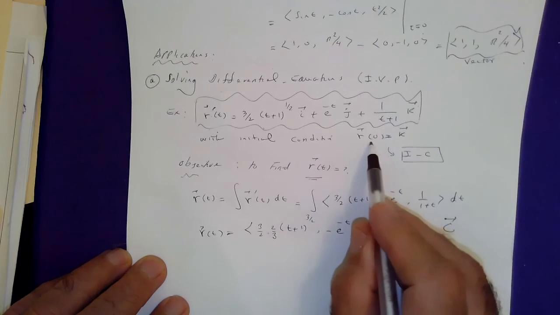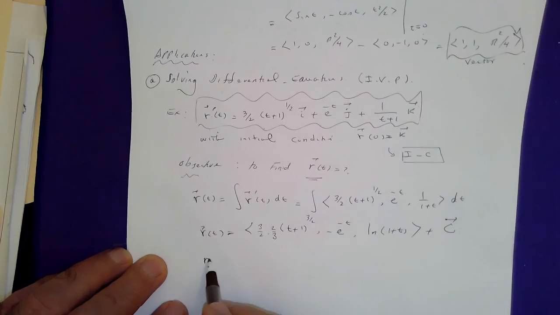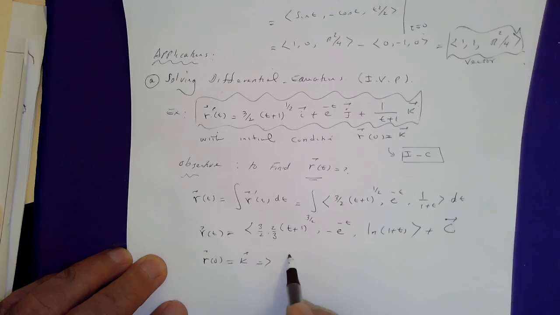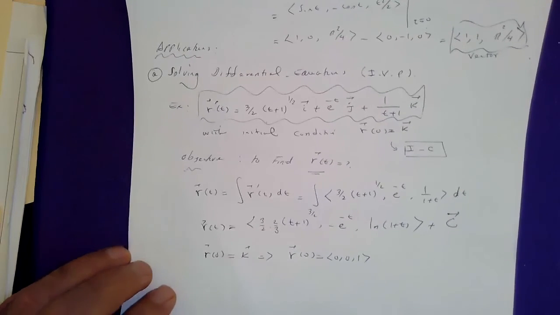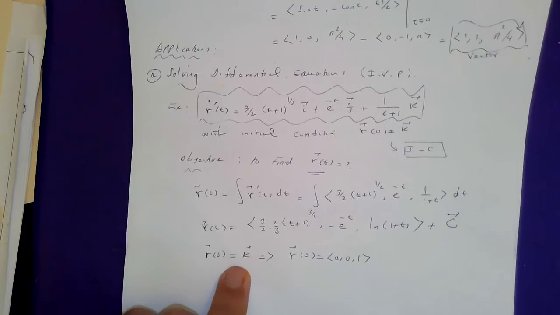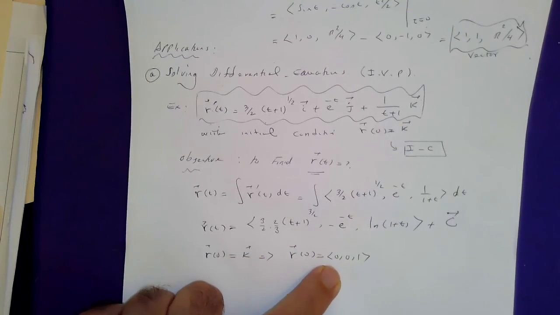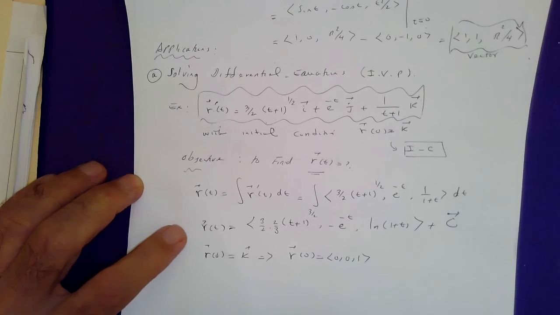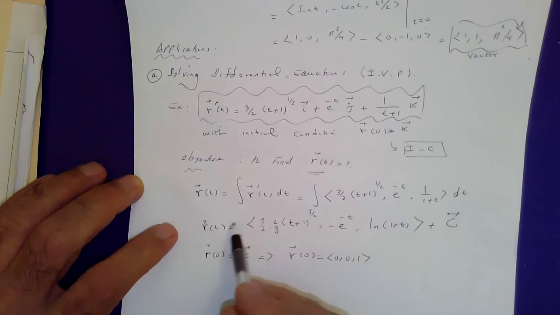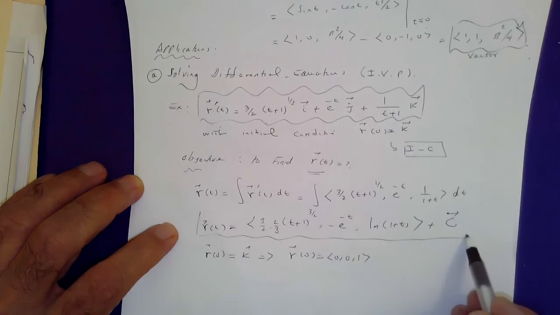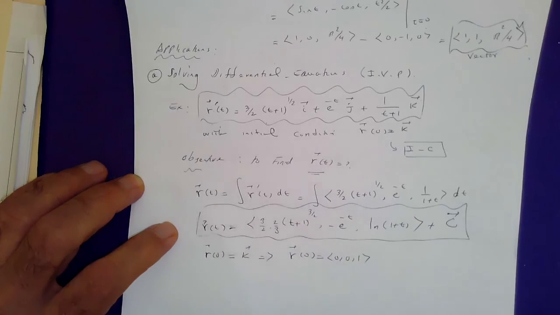But remember, we are given an initial condition. When they say r of 0 is k, what they mean is that when you replace the t's with 0, you get the unit vector along the z-axis, which is k. In other words, i and j components are 0, so this is a unit vector. So you impose this condition in this last equation to find out what c is.